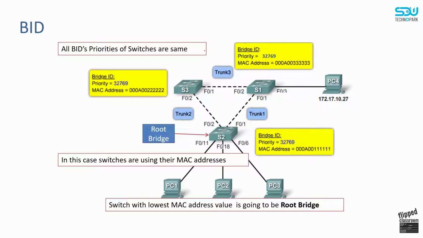Why? Because it has the lowest MAC address value, like they have 000A, 00, and the first one in a row is distinguishing that it is the best one. And now switch 2 is becoming the root bridge.